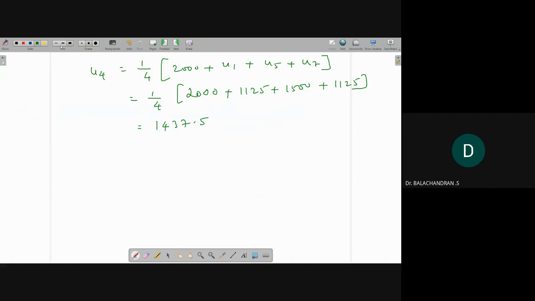But in the book they went up to the second iteration. You can go up to the third iteration. Here you are finding only 4 values, so it is better to go minimum 3 iterations: rough values, first iteration, second iteration, and then third iteration.